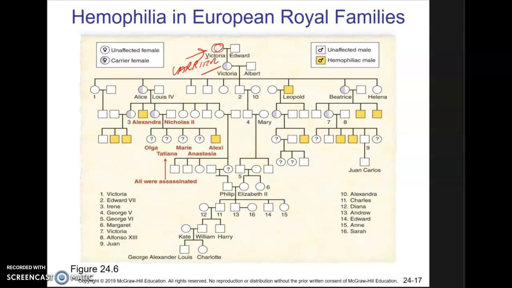Her two daughters, Alice as well as Beatrice, must have been carriers because they introduced hemophilia into the royal families of Russia and Spain. Currently, we do not see hemophilia in the British royal family, because her oldest son, Edward VII, did not receive the allele.